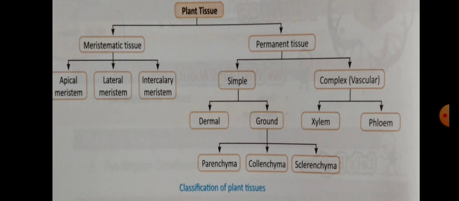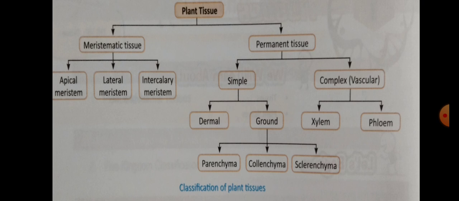Meristematic tissue is again classified into apical meristem, lateral meristem and intercalary meristem. All these tissues work together towards achieving a common goal, for the growth and development of the plant according to the structure and function. So plant tissues, as we have seen, have been characterized into meristematic tissue and permanent tissue.